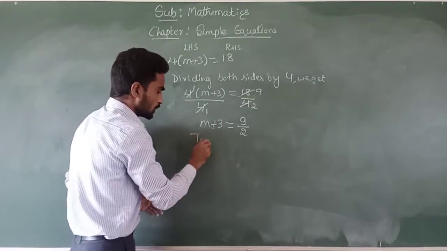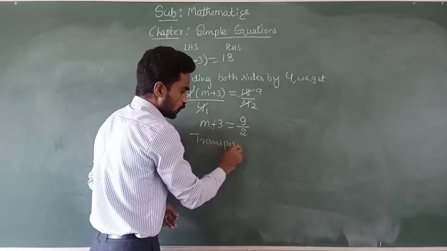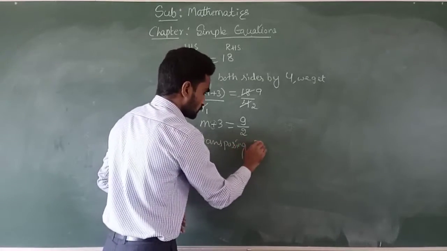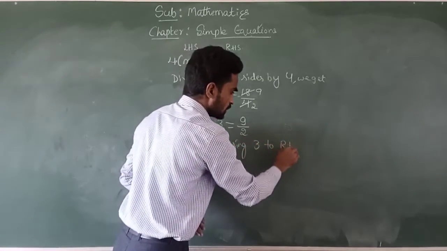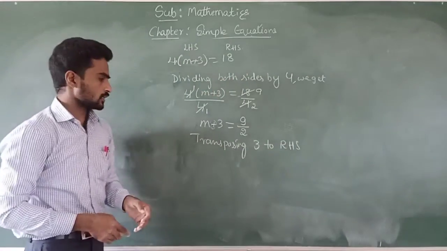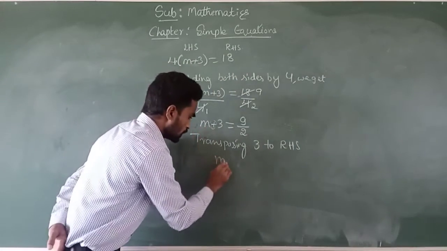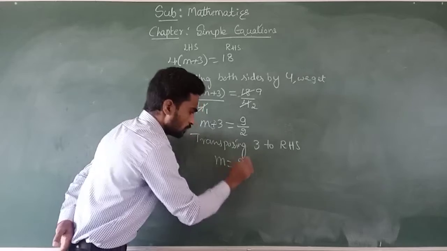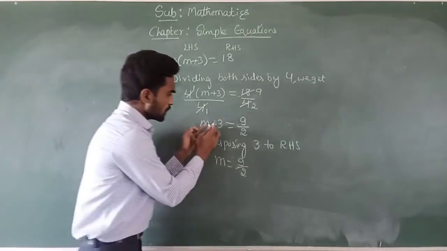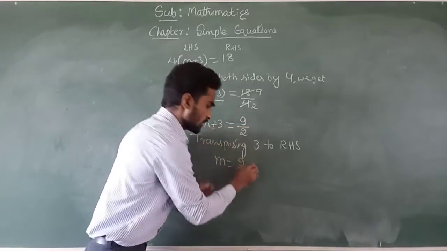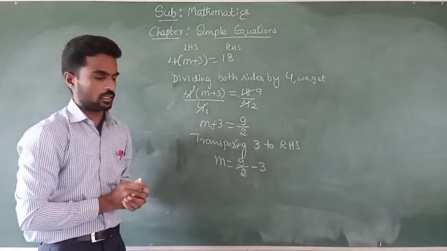So transposing 3 to the RHS, m is equal to 9 by 2, here plus 3 is there, that goes to the RHS side, then that becomes minus 3.